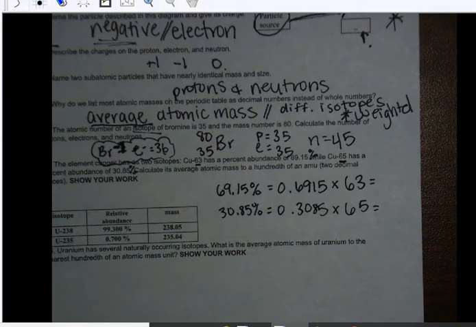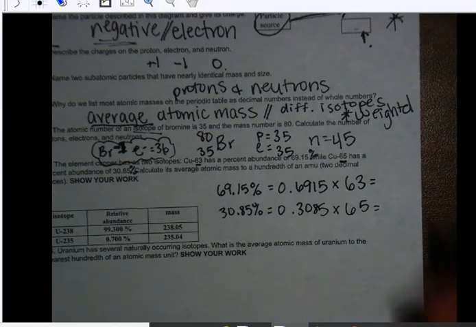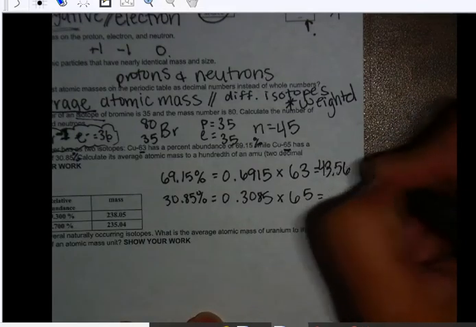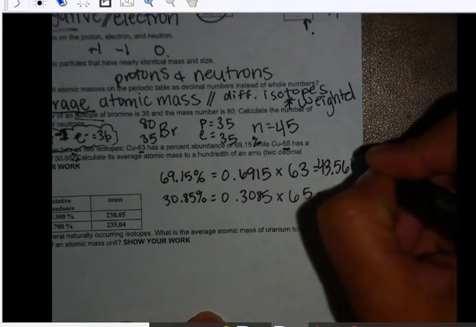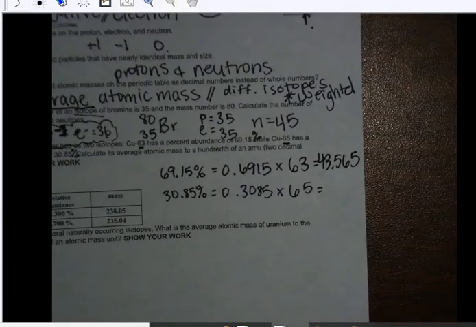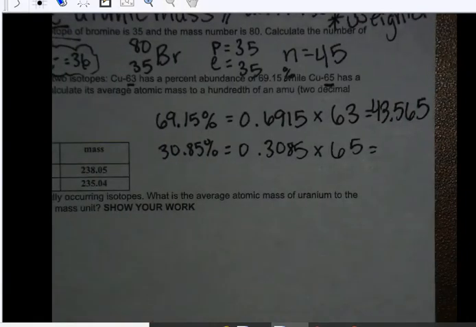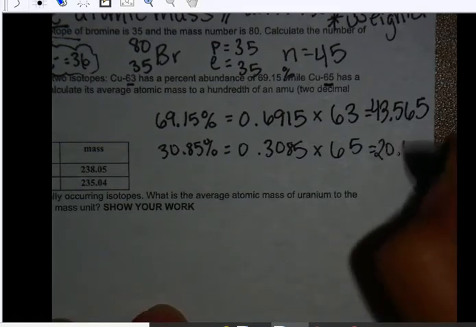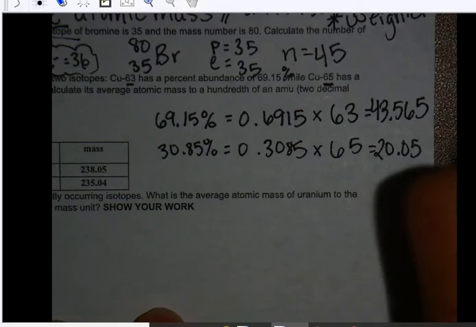0.6915 times 63. Did you guys get 43.56? Good. 43.56. I'm going to go one more decimal place: 5. I rounded the 4 up. And then, gosh, you guys can totally not see that. I'm so sorry. There you go. And then the other one, what did you guys get? 20.05. Was there one more number after it? 2?